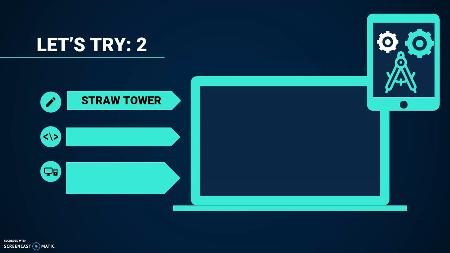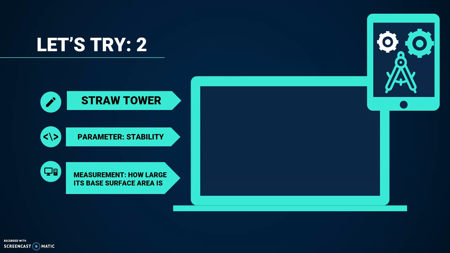A straw tower. Okay, a tower made of straws. So when we think about straw towers, of course, the science concept that we can relate to is stability, right? So when we are talking about the stability of a straw tower, how are we going to measure it?